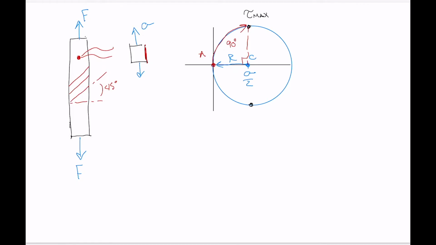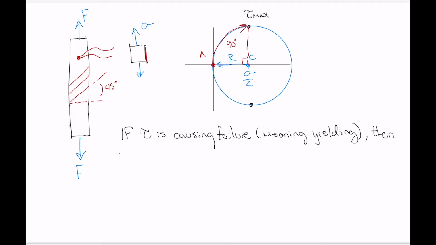Okay, so if tau is causing failure, meaning yielding, what we describe failure as for a ductile material, then what was the value of tau max when the stress that the element experienced was equal to the yield stress?